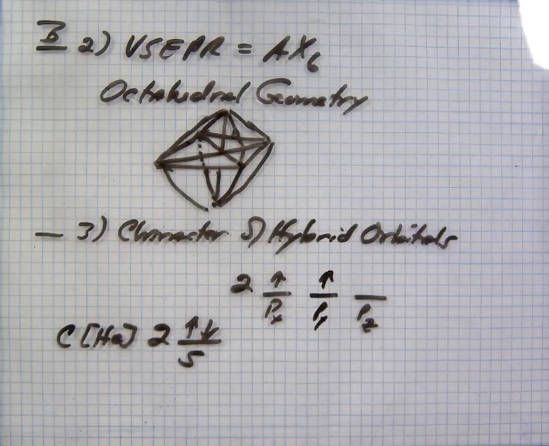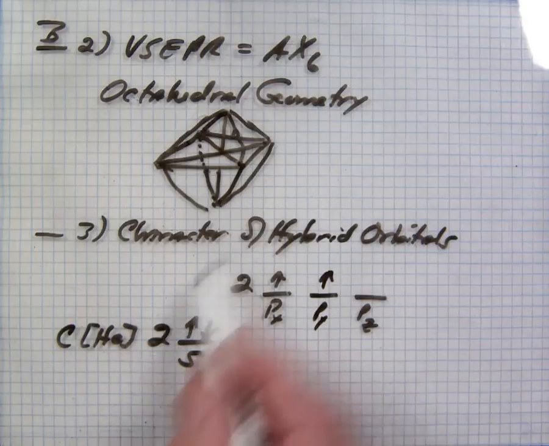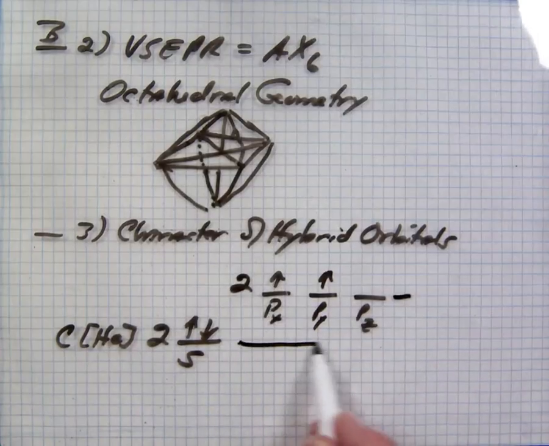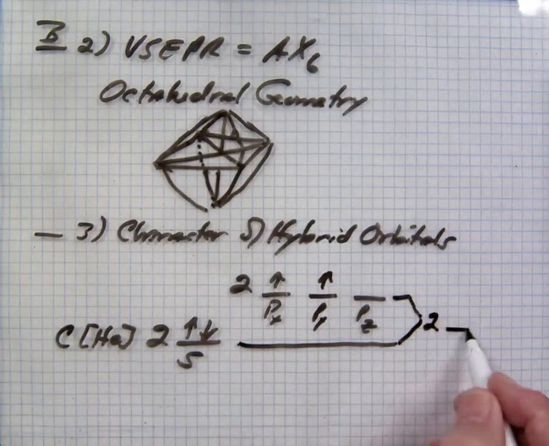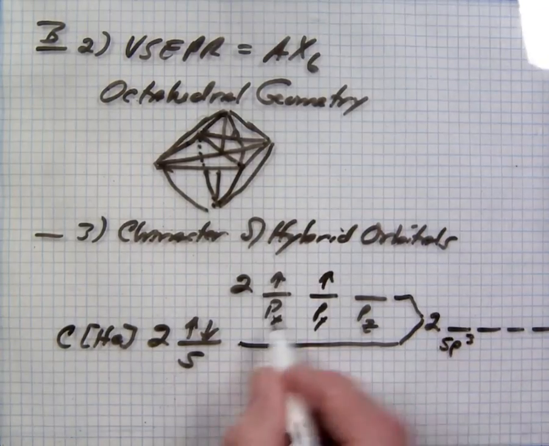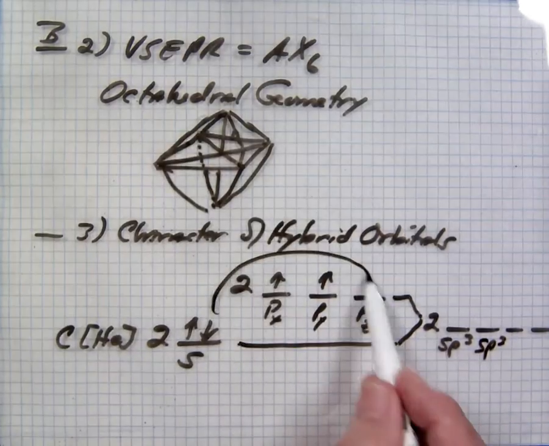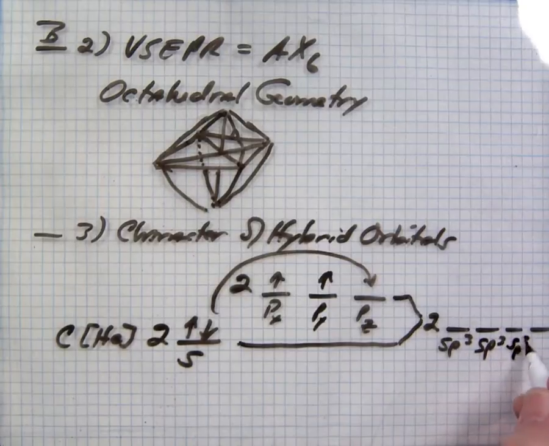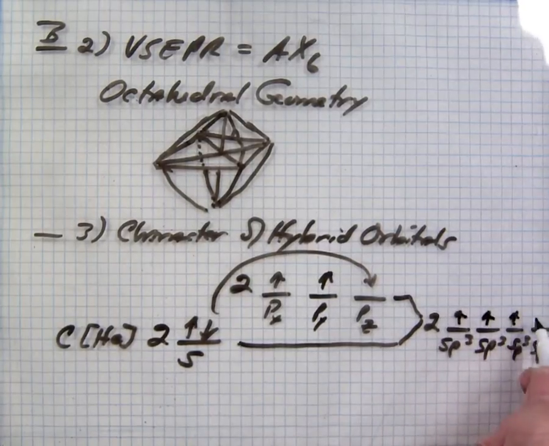So the hybrids can be linear, trigonoplanar, or if all of them are used, tetrahedral. I'm just going to make the tetrahedral out of this, and we'll look at it in the second energy level. 1, 2, 3, 4.